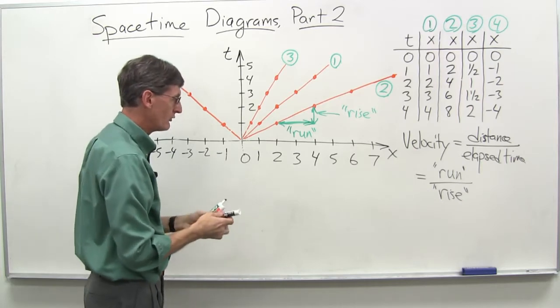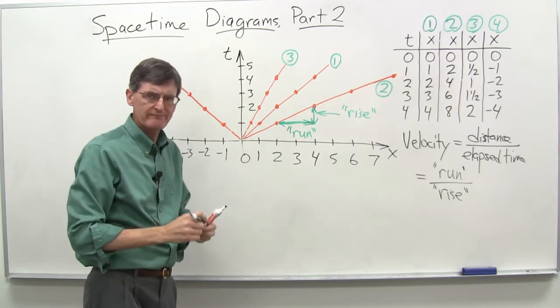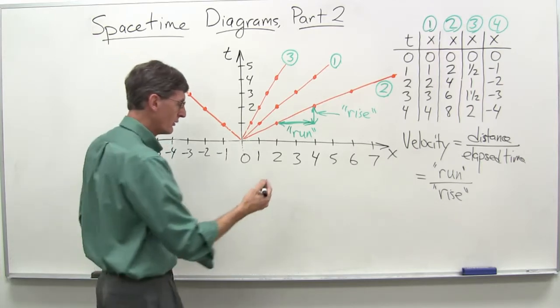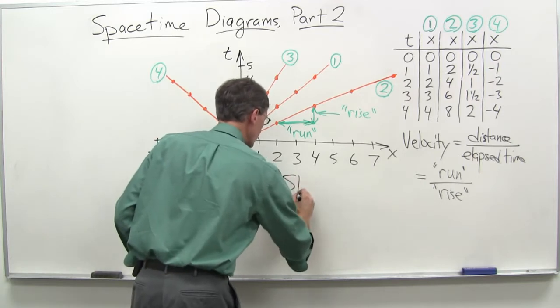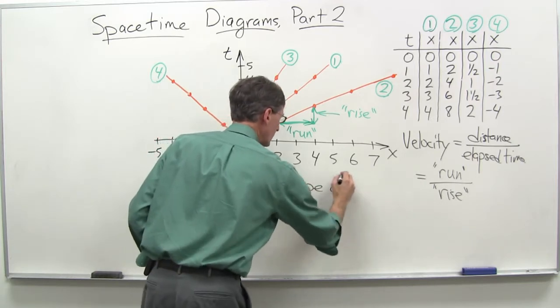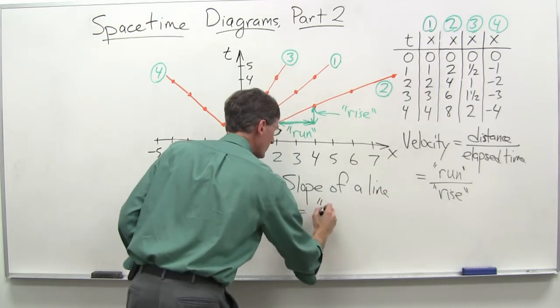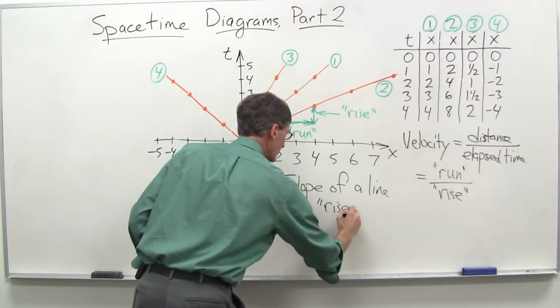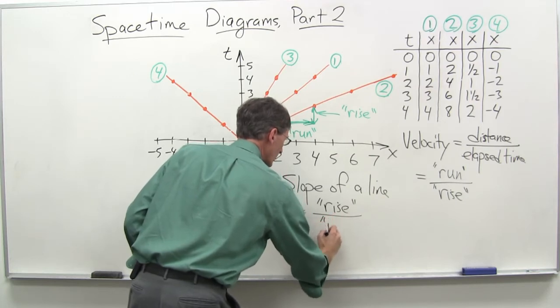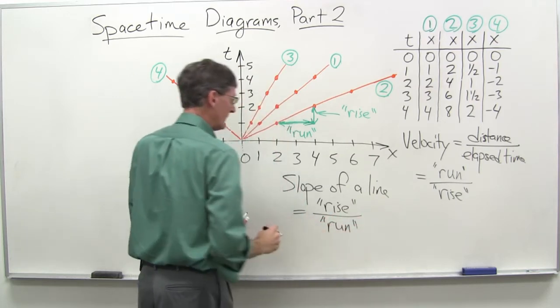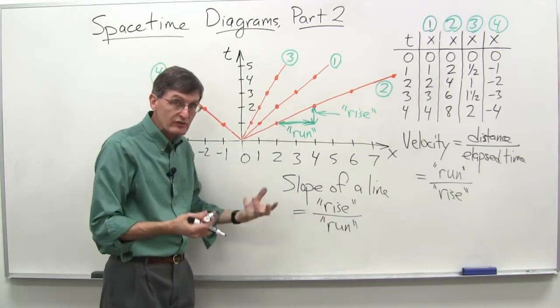And just to remind you, the first definition of slope you probably learn is that the slope of a line equals rise over run. So it's a measure of the steepness of a line.